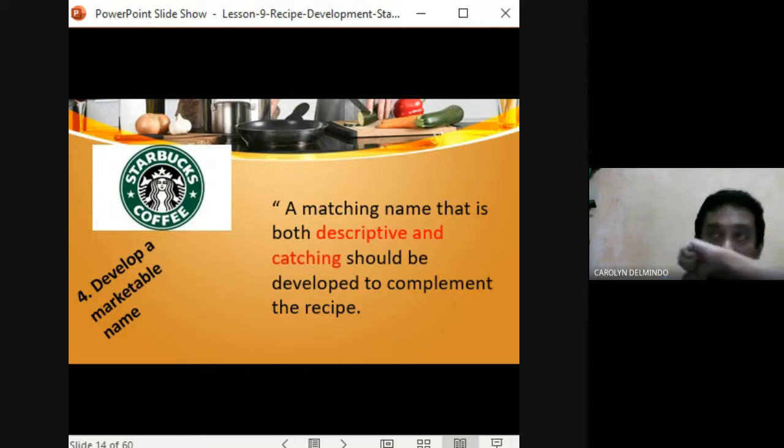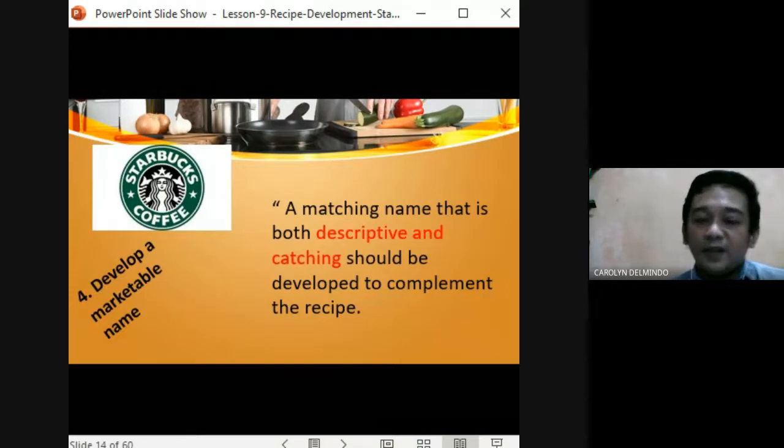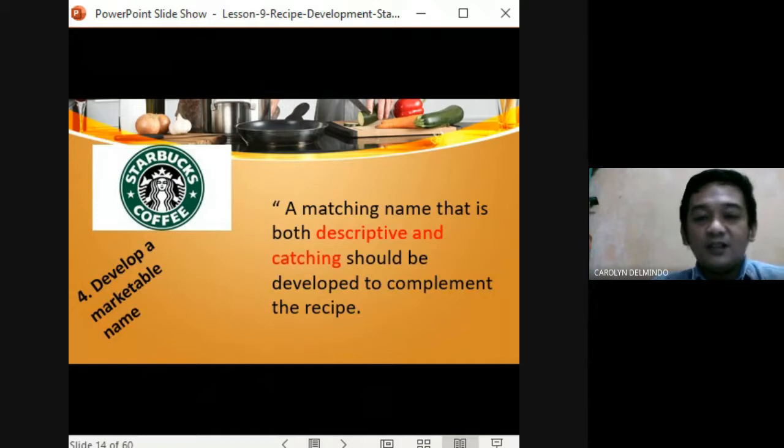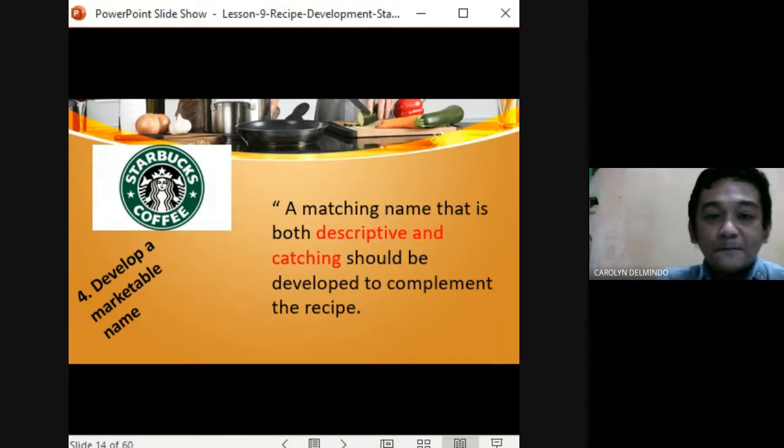So, dapat pagtingin pa lang ng customers, maganda yung impression nila dun sa product nyo. Okay, example, if your product is milk tea, marami na tayong classic milk tea. So you have to create your own milk tea name, which is dapat catchy siya sa customer, in a positive way, kasi some brand names has double meanings on it. So I hope you know what I'm trying to say. Kasi yung ibang brand names may double meaning. Okay?